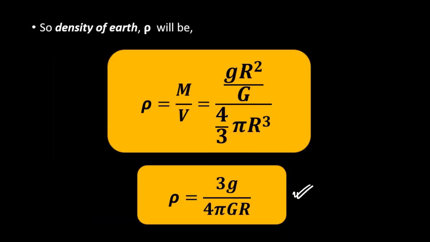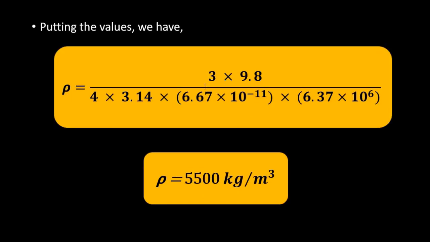3 small g by 4 pi capital G capital R. When we calculate it, it is coming around 5500 kg per meter cube. Again I have approximated it; it is coming around 5504 or 5503 or something like that.